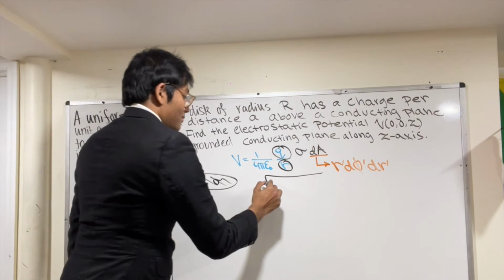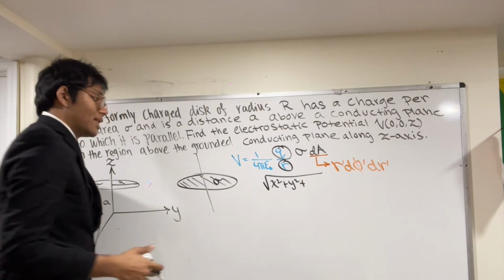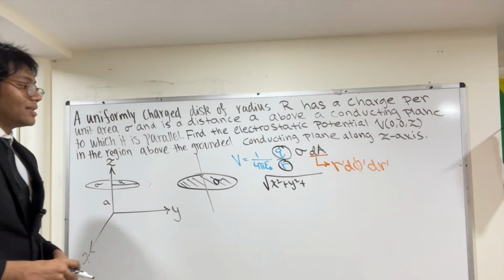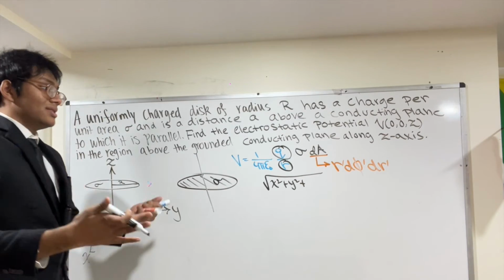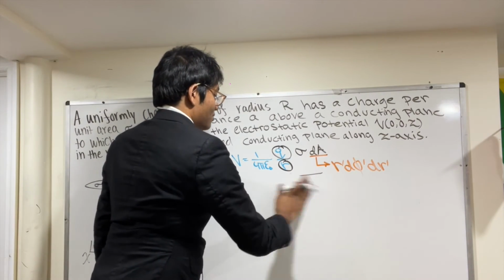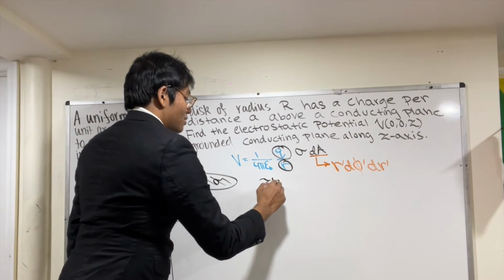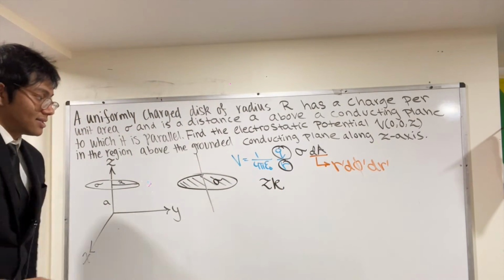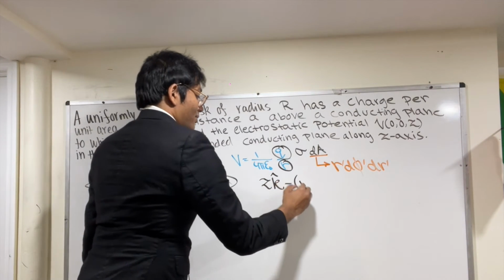But r should be simply x squared plus y squared plus z minus wherever we are. But we are trying to find the potential along the z-axis. So there is no x or y to consider, right? So keeping life easy. So where do we want to find the electric potential? Along the z-axis. So z times k hat, minus, where is it coming from? It's coming from this circle.